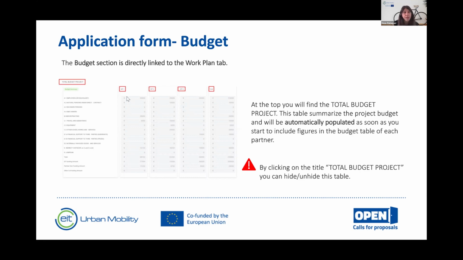And this table has the work packages that you already registered in the work plan tab. So it is very important, as I mentioned, to have the final version of the work plan, the work packages that you want to work with, because this relates to the budget.